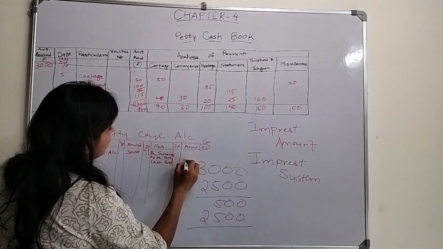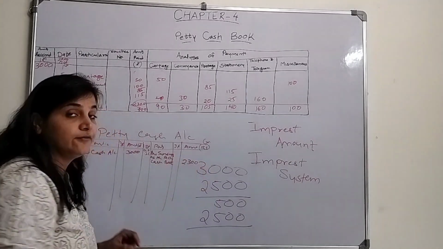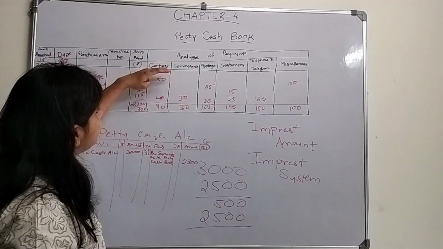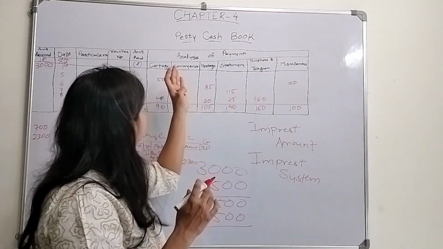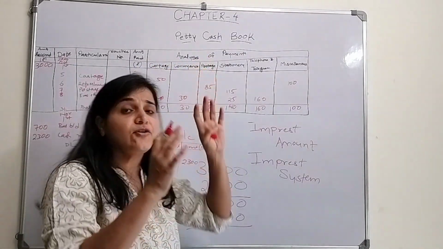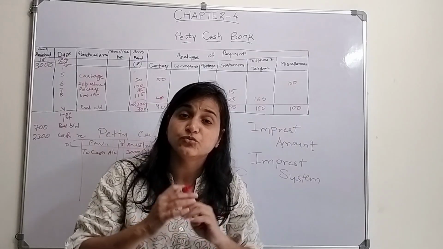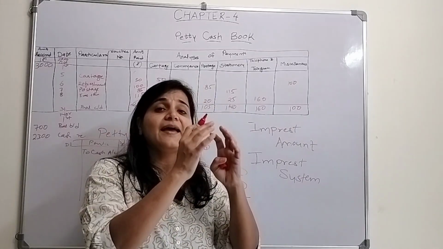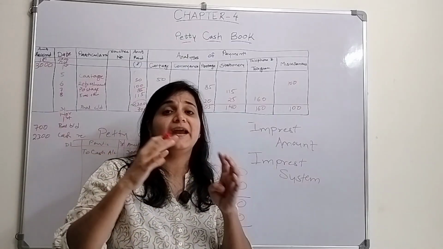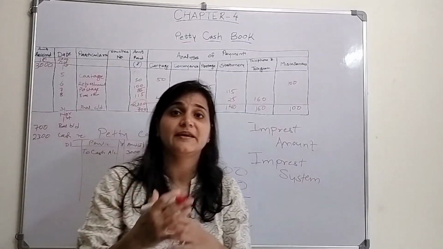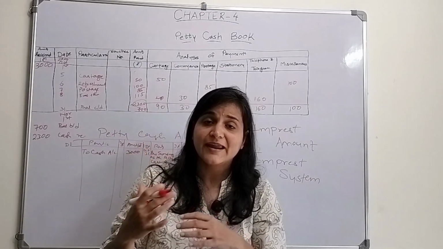How much is it? 2,300. Similarly, we will prepare each and every account: cartage account, conveyance account, postage account. These expenses will be carried forward, and at the end of the year, they will be carried forward to the profit and loss account.